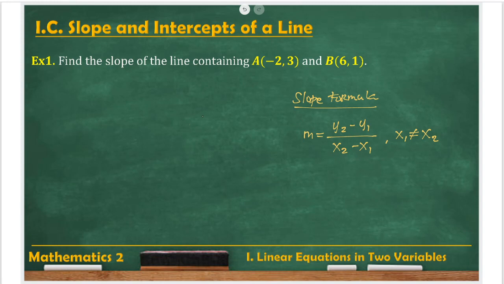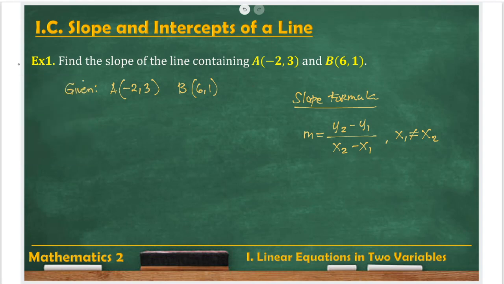Okay, so in the problem, we are given point A with coordinates -2, 3, and point B with coordinates 6, 1.